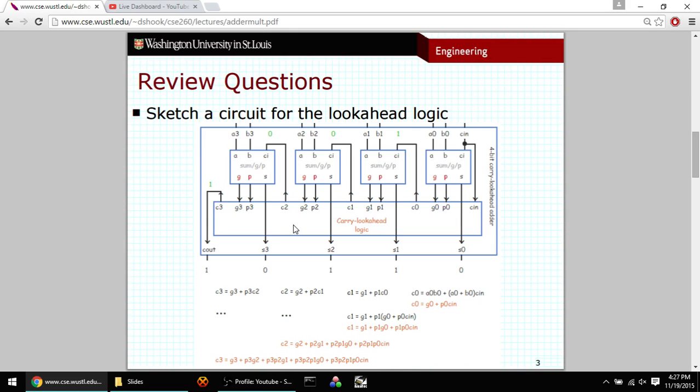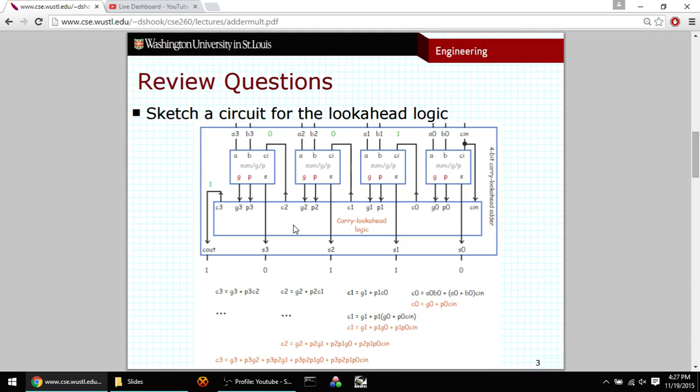We know that C2 is going to be G2 or P2 and C1. Well, we know what C1 is. C1 is that equation that I'm now regretting that I erased off the whiteboard, because we're going to substitute it in, right? We're going to substitute in C1. So we could say C2 is equal to G2 or P2 and G1 or P1, C0 or P1, P0, C in.